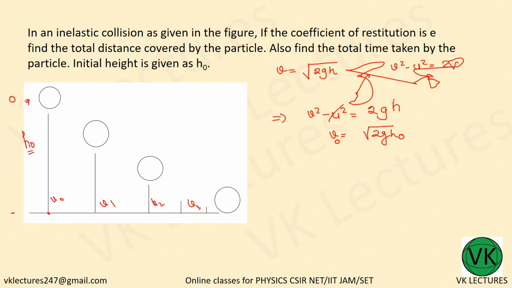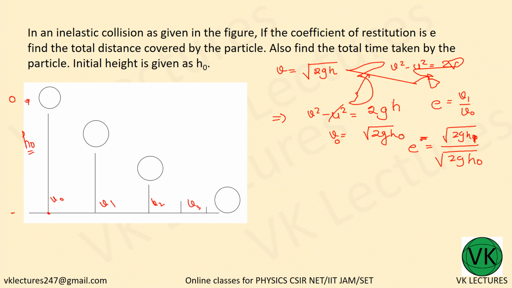Fine. Now what is given is e. E is given as v1 divided by v naught, which means v1 is under root 2g h1, and v naught is under root 2g h naught, and that is equal to e, the coefficient of restitution.